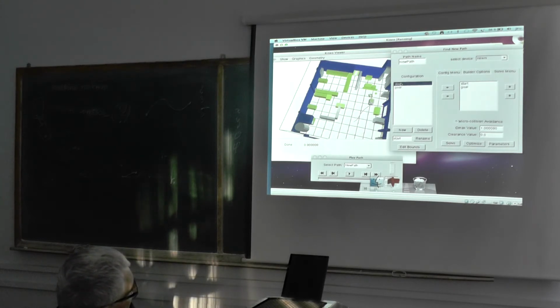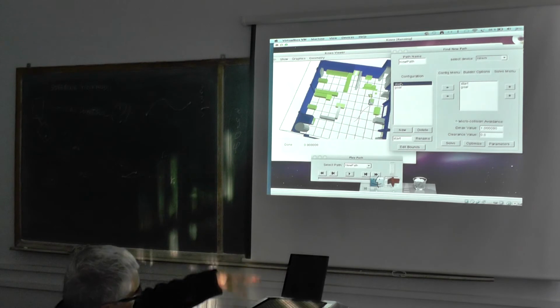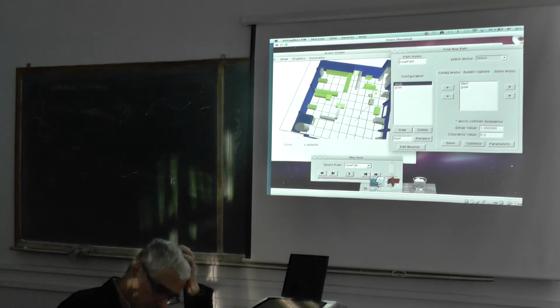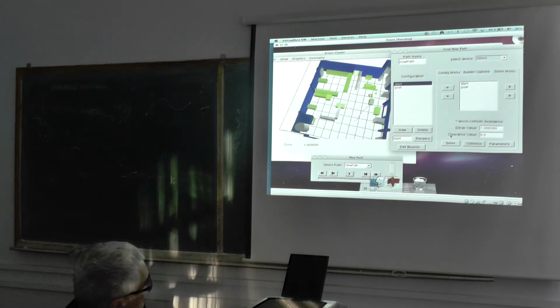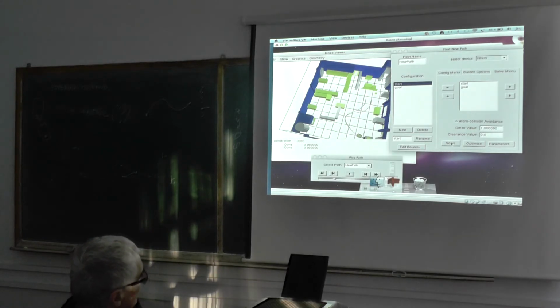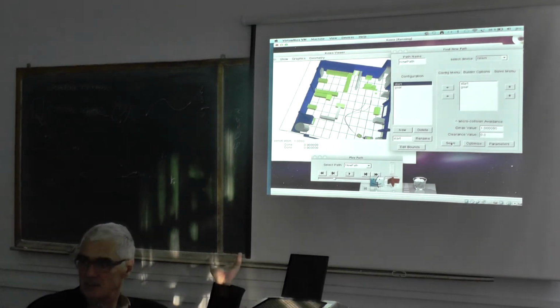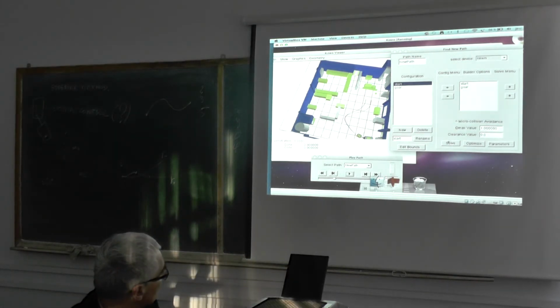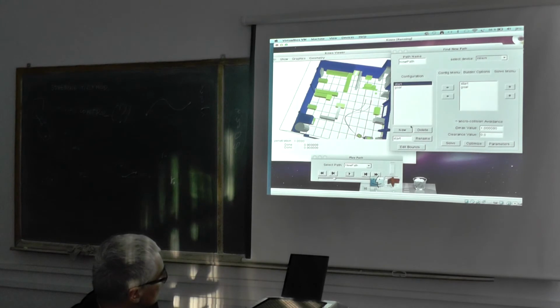Forget about the path, which is here. Then, let us try to solve. Okay, then it succeeds, and you have a rough idea here of the trajectory. But the key point is that there are several intermediate points which have been computed here.